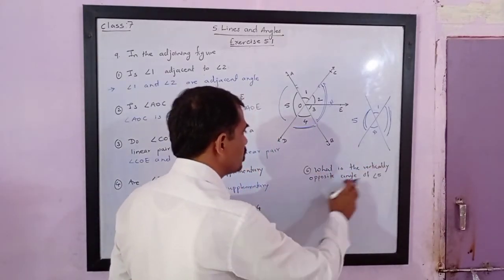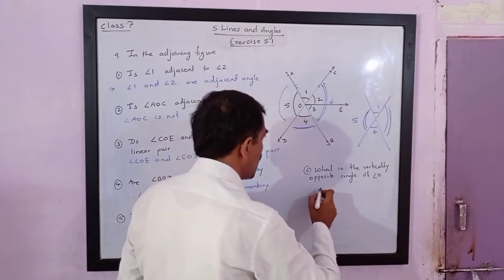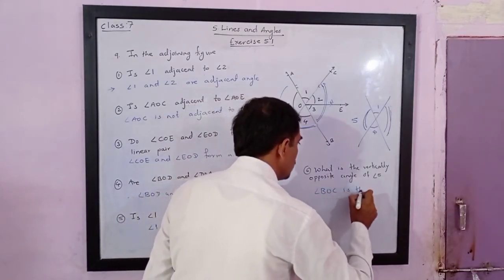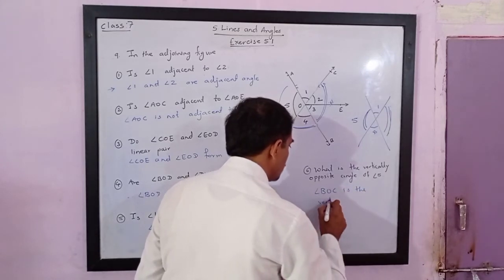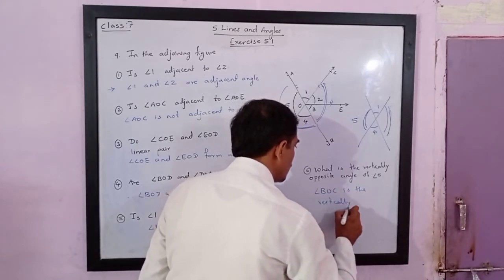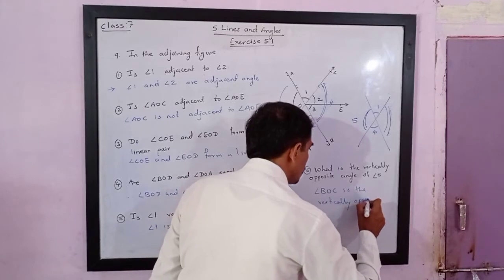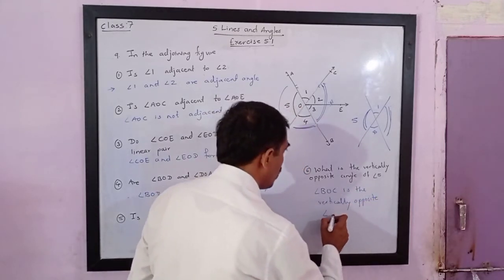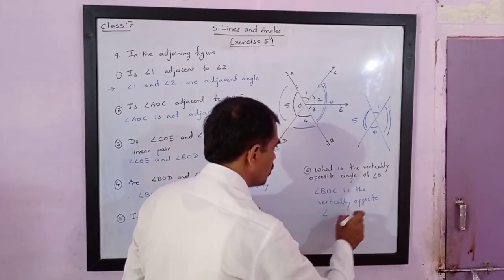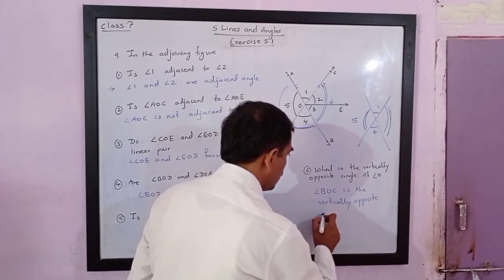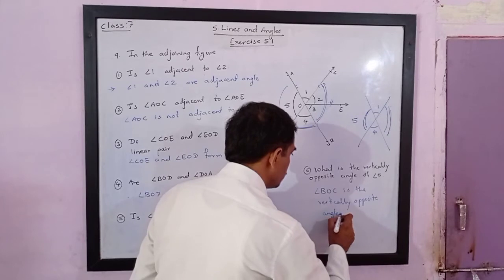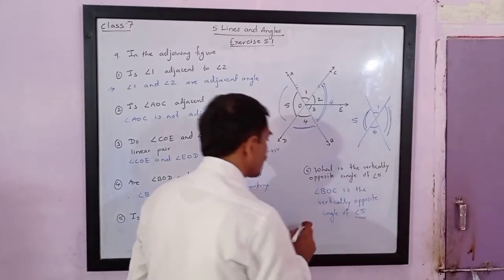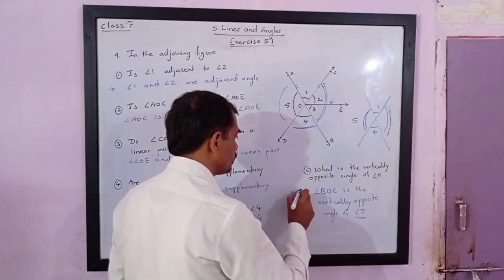So angle BOC is the vertically opposite angle of angle 5. This is the solution.